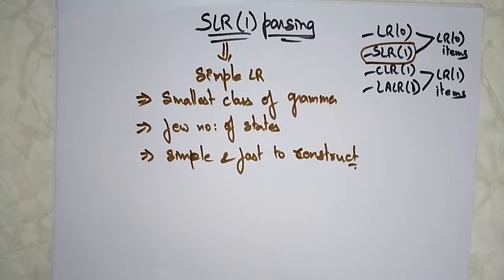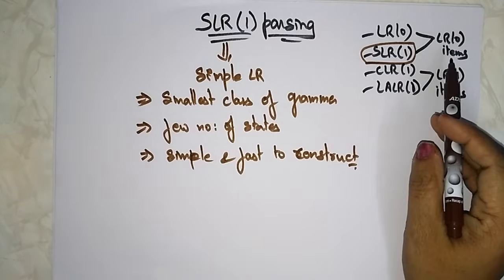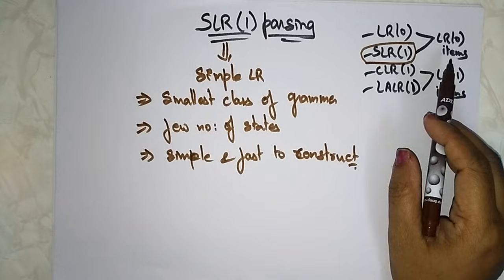The only difference between LR(0) and SLR(1) is the parsing table. To construct the SLR parsing table, we use a canonical collection of LR(0) items.